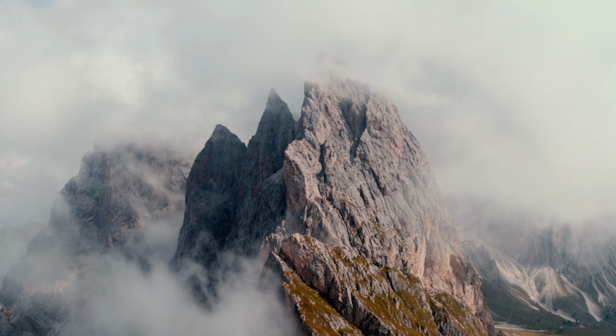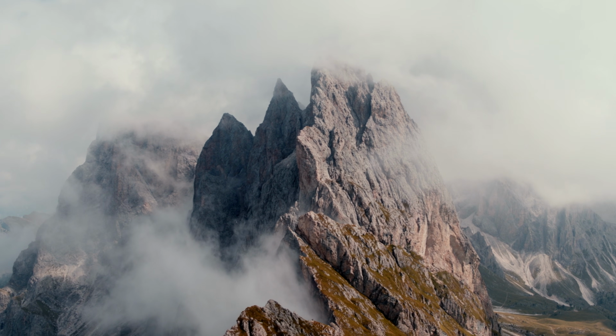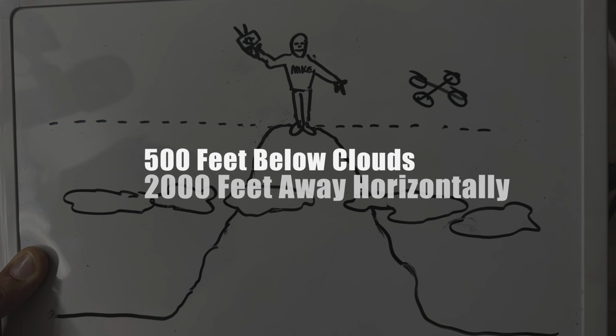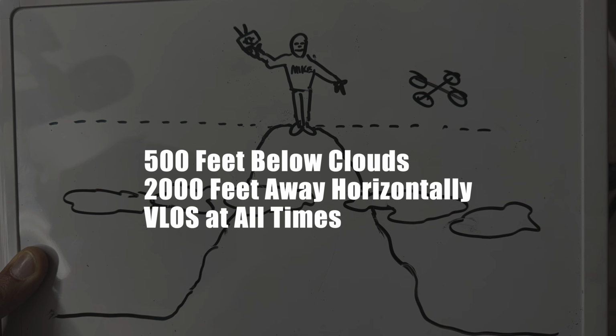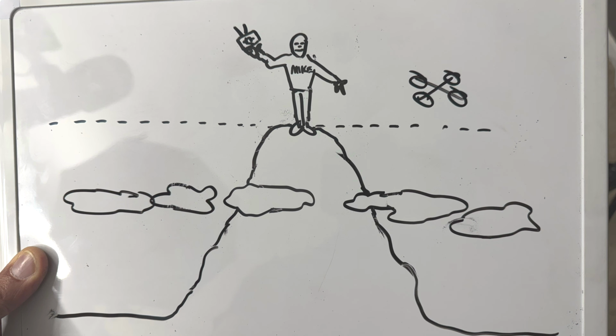If that drone is below the clouds, are you still going to be able to see it? Those are two crucial things that you have to understand in this type of scenario. So in this situation, if those things that I just mentioned, 500 feet below, 2,000 feet away, visual line of sight, are not satisfied, then you cannot fly this drone legally.